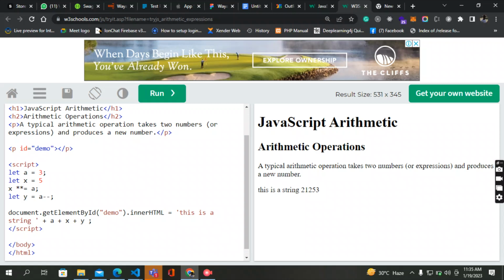So let's say it is not possible for us to do any arithmetic thing with a string. We cannot say this plus 2. It will only mean that the 2 you are referring to is a string, and that is what it will do with it.